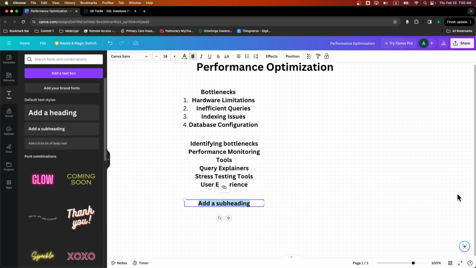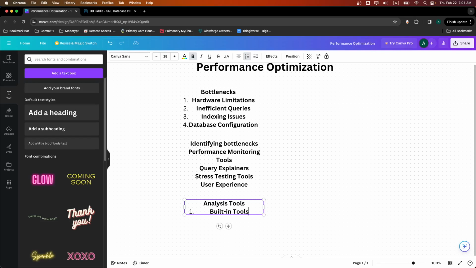So number one is the built-in tools. All these databases, SQL Server, MySQL, and PostgreSQL, come with some built-in tools which can help you see the performance. You can monitor that, and you can do the query analysis too.